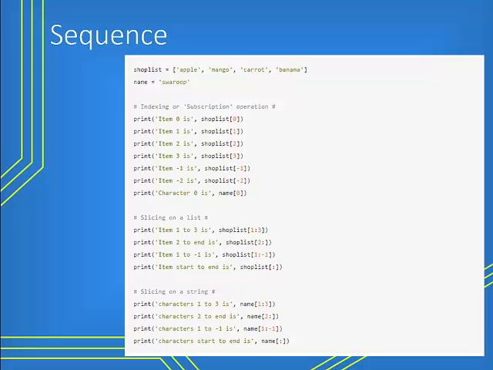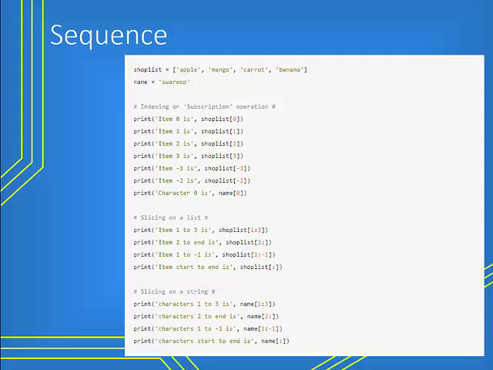Hence, shoplist 0 fetches the first item, and shoplist 3 fetches the fourth item in the shoplist sequence. The index can also be a negative number, in which case the position is calculated from the end of the sequence. Therefore, shoplist -1 refers to the last item in the sequence, and shoplist -2 fetches the second to last item in the sequence.